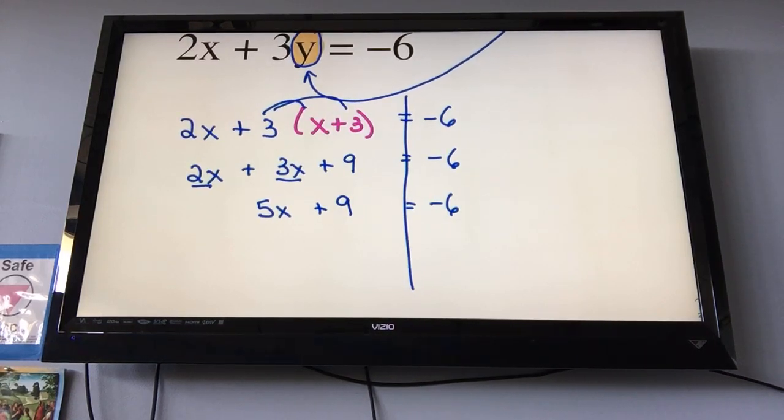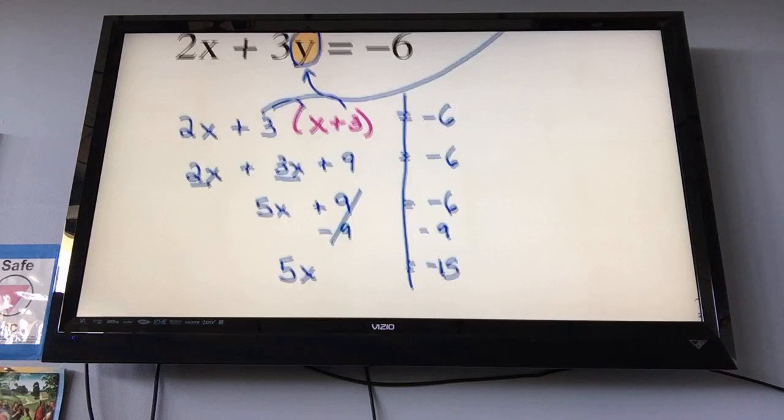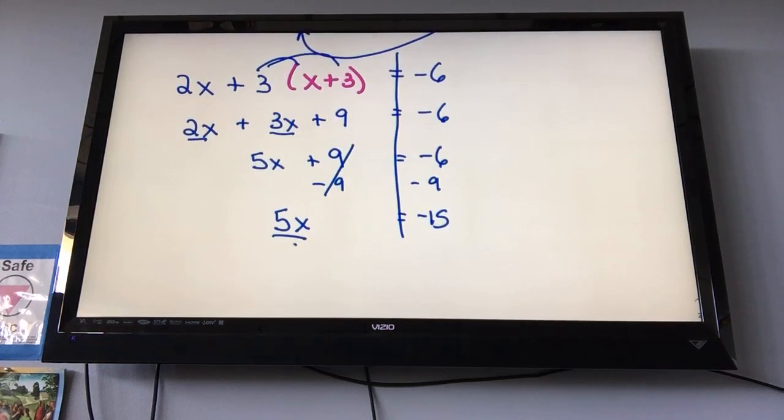Move the 9 over, because it says positive 9, we're gonna subtract it. So 5x equals negative 15. Divide by 5, and x is negative 3.